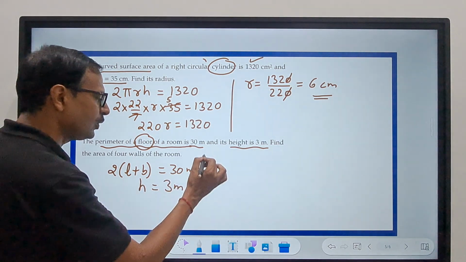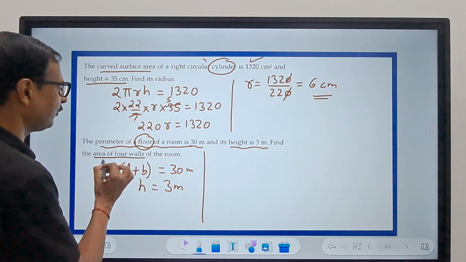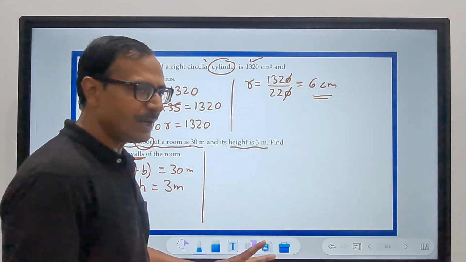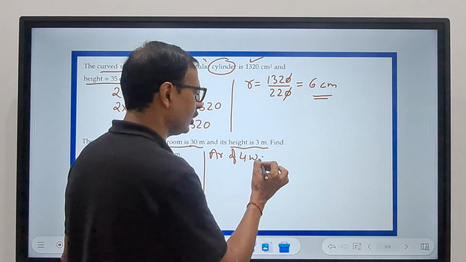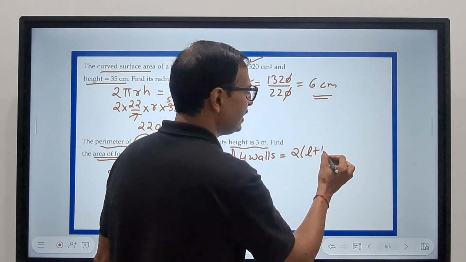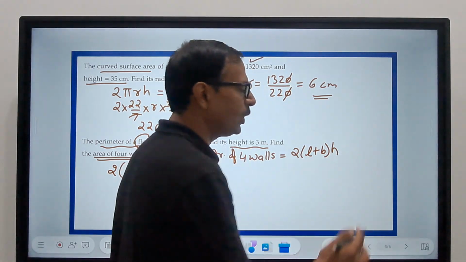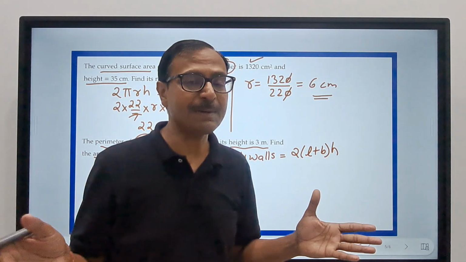Now, if you see what is being asked, he says find the area of 4 walls. The area of 4 walls, I'll write here, area of 4 walls is given by twice (L plus B) H. 2(L plus B) into H. And now do we have to find length, breadth and height separately?